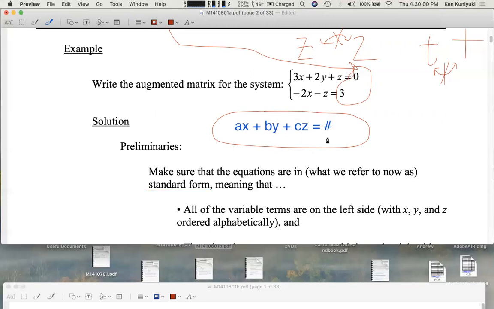So look at this form for this equation here. Notice that all the variable terms are on the left side in alphabetical order: the x term, then the y term, then the z term. Later on in linear algebra, you try to get more professional because in principle, you could have more than 26 unknowns in theory.